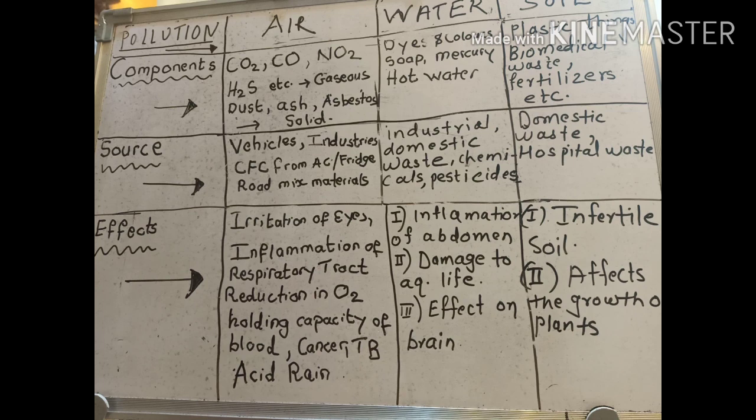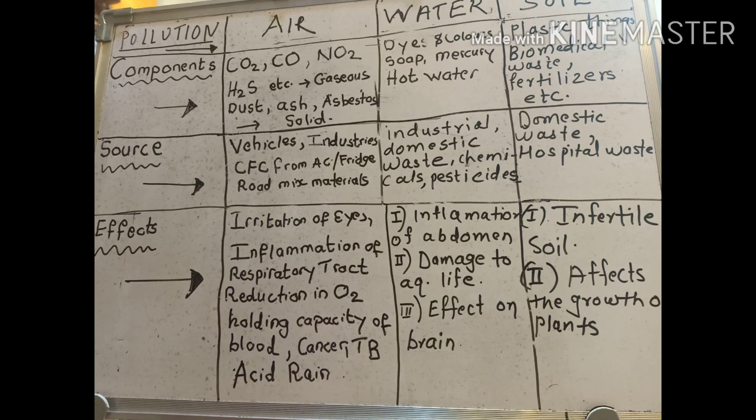The hemoglobin gets affected because the hemoglobin present in your blood is responsible for carrying oxygen to the different cells. So carbon monoxide goes and sits on that hemoglobin and blocks it, thereby reducing the oxygen holding capacity of your blood. So that's a very big effect of carbon monoxide on human health.